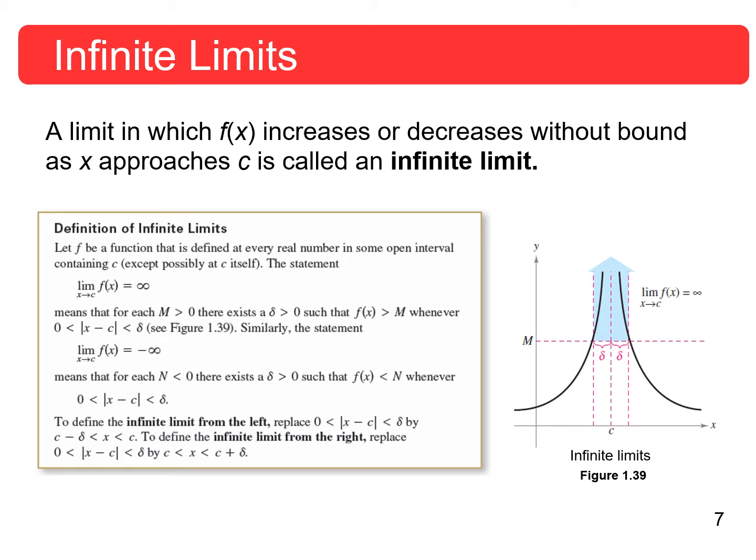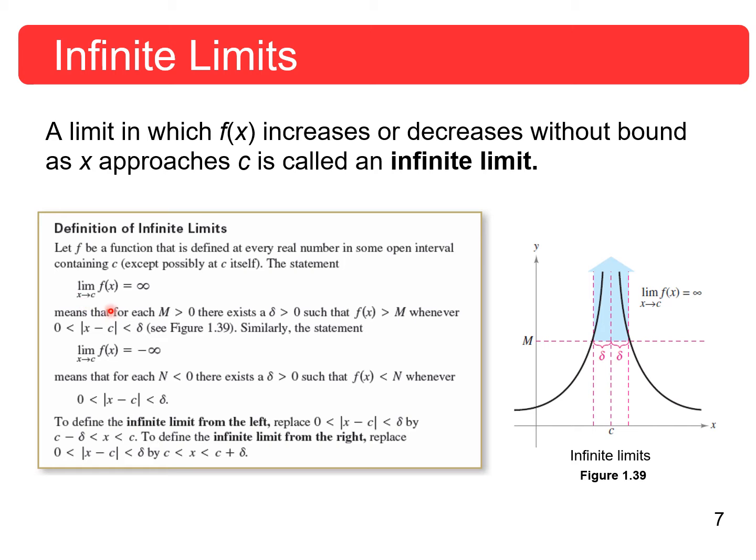The formal definition of infinite limits is given by this theorem here. Let f be a function that is defined at every real number in some open interval containing c, except possibly at c itself.